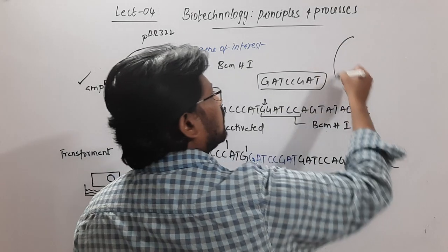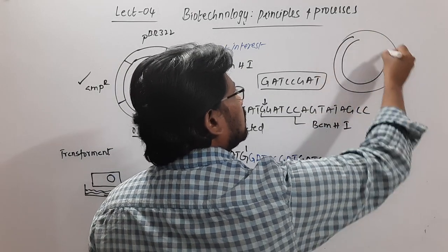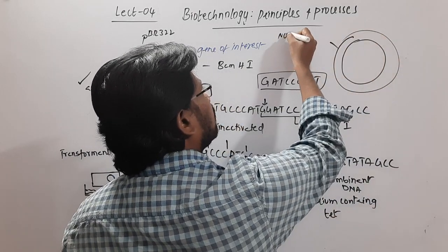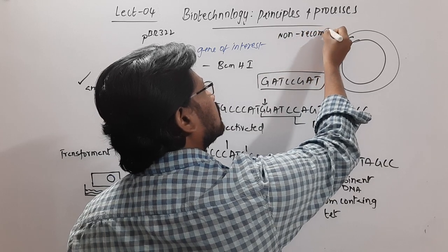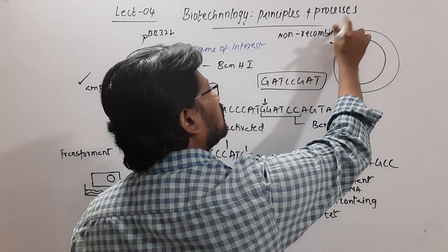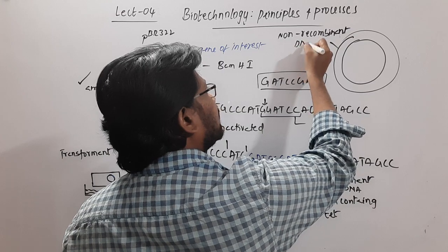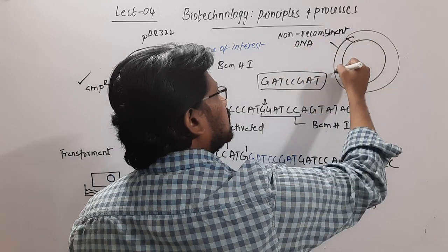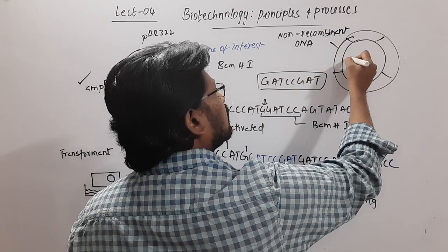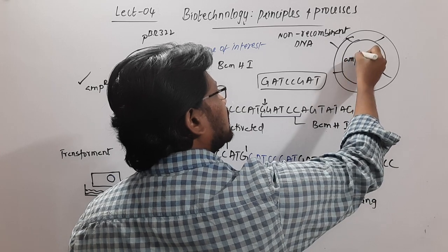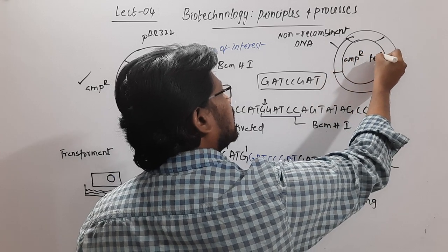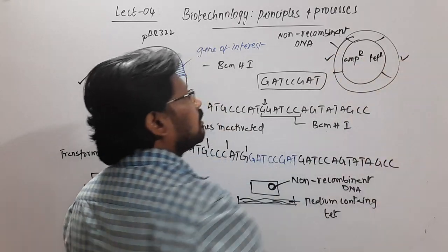but in the non-recombinant DNA, these two selectable markers, ampicillin resistant and tetracycline resistant, both are working.